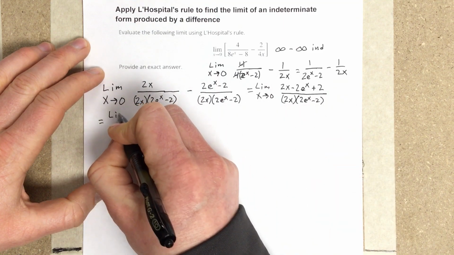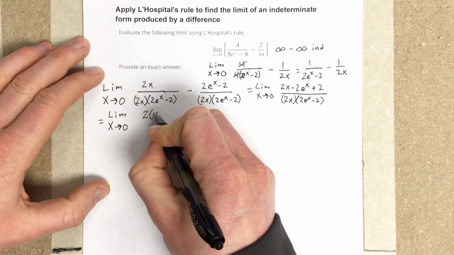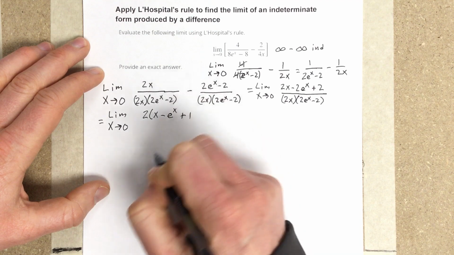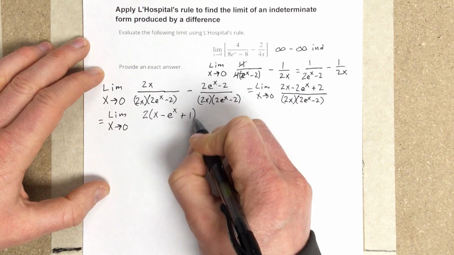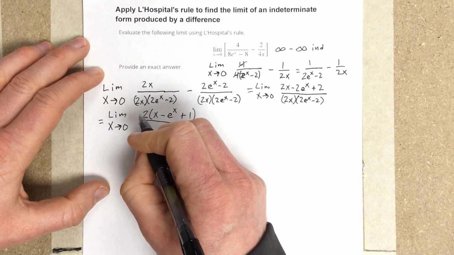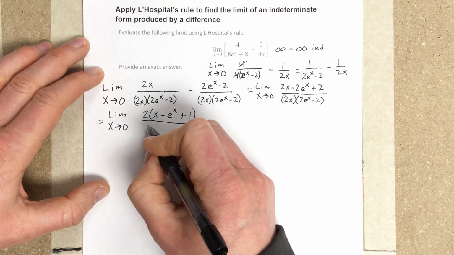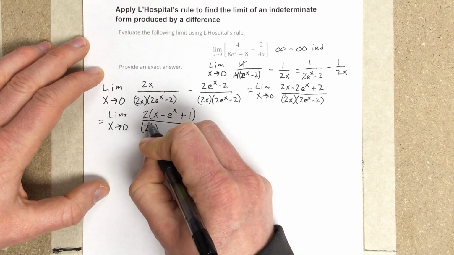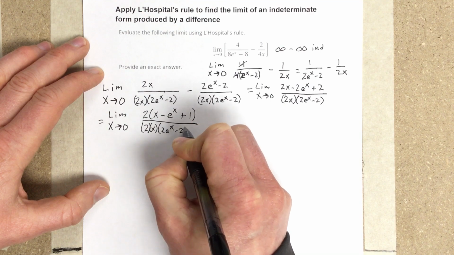So I'm going to write this as limit as x approaches 0 of 2 times x minus e to the x plus 1, divided by 2 times x times 2e to the x minus 2.